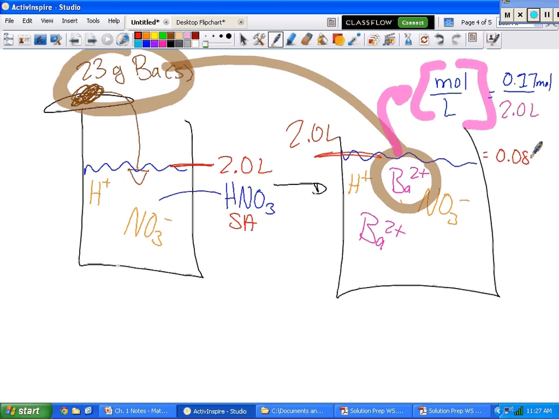That is of the solution, right? Because it says dilute the final formula, calculate the concentration of barium ions in the stock solution. Okay, so what they're asking, they're not worried about the hydrogen and the nitrate. And the diluted solution.